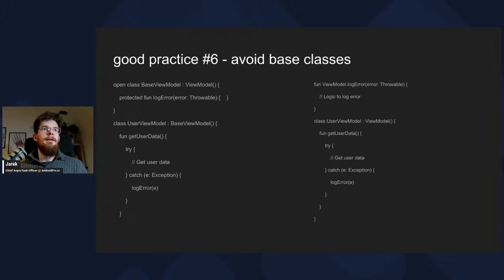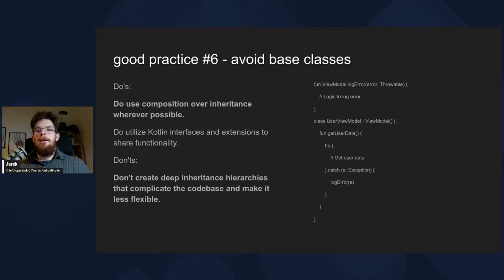So in the same example, instead of base class, we can use extension function. Or we can go one step further and introduce some delegation. And yeah, using base classes for shared functionality seems like a good idea initially. However, as our app is evolving, the inheritance hierarchy becomes complex, leading to inflexible and hard to maintain code.